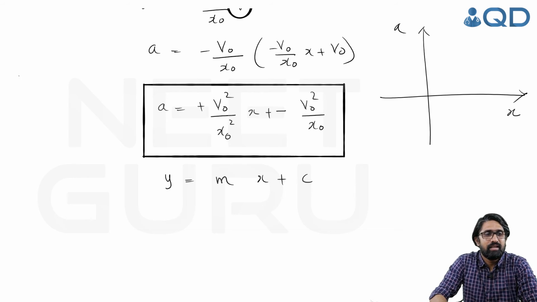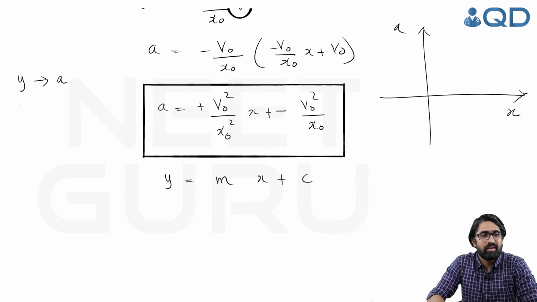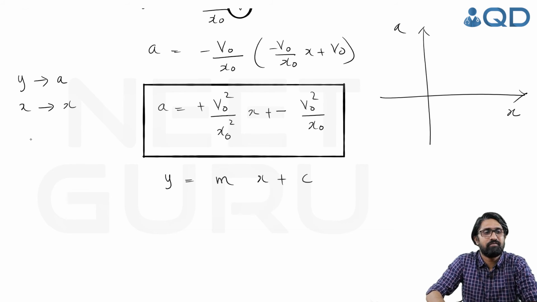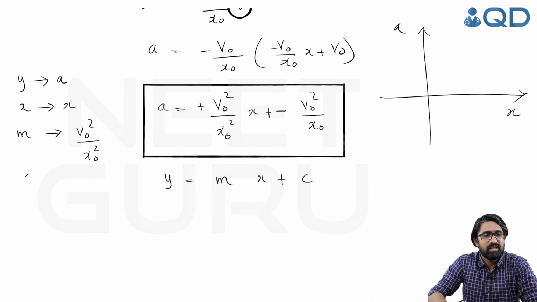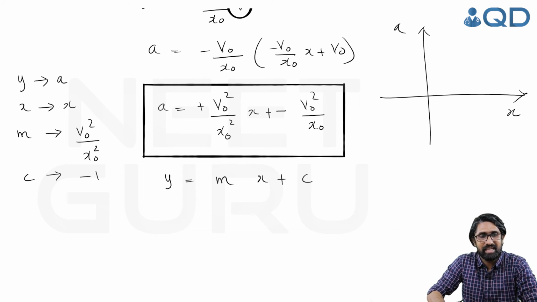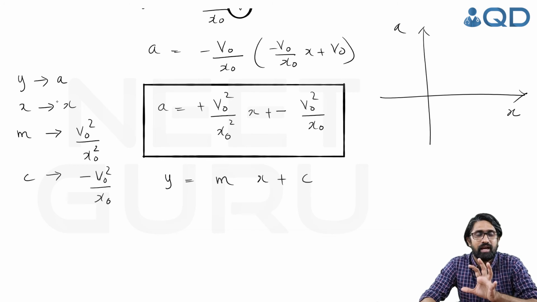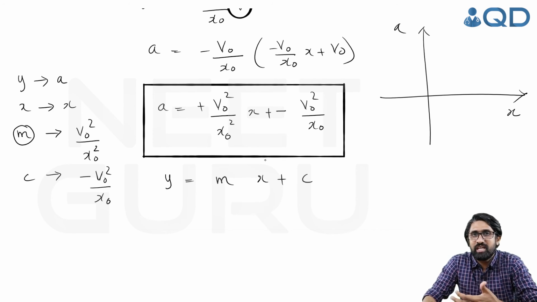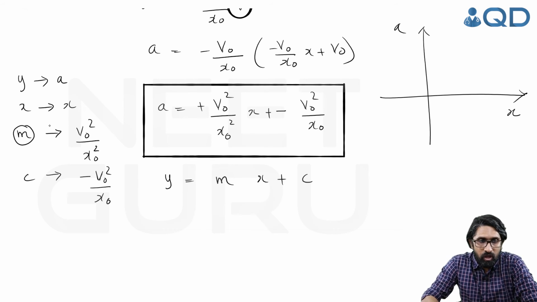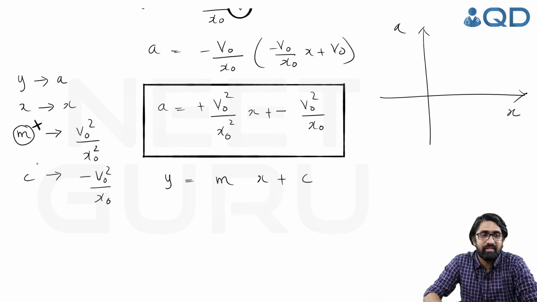It's very clear that y corresponds with a, x corresponds with displacement x itself, m, the slope corresponds with v0 square by x0 square, c, the y-intercept corresponds with minus v0 square by x0. Now, be very careful here. It's very clear that the slope of this equation, when it's plotted on a graph, is a positive figure, and the y-intercept here is a negative figure.